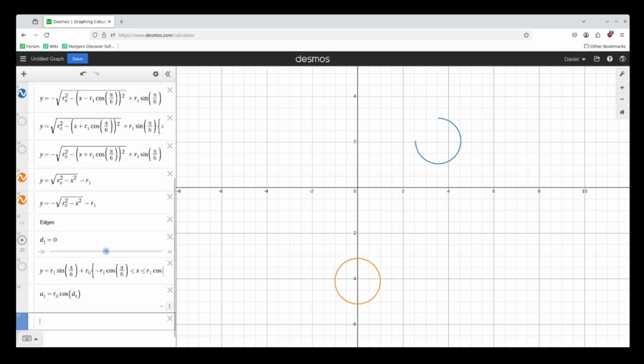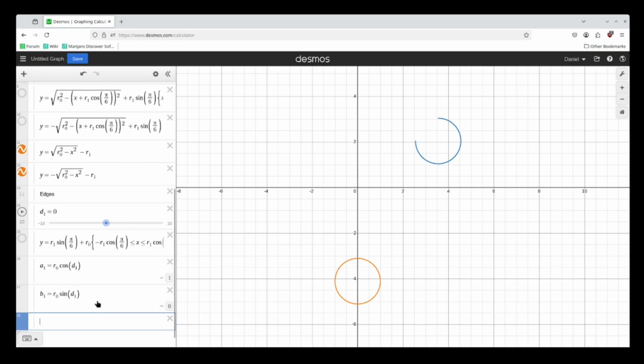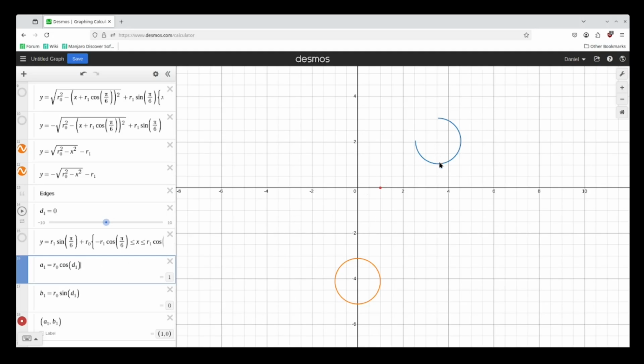Is the x component and a y component: r sub 0 sine of d sub 1. And when we plot this, we need to move this over to where the center of this circle is.